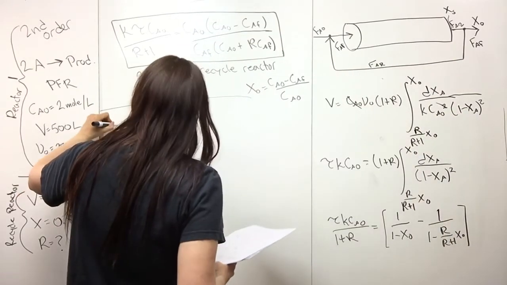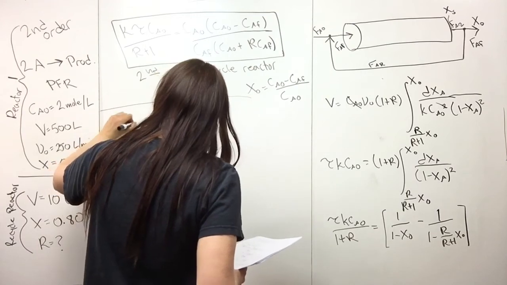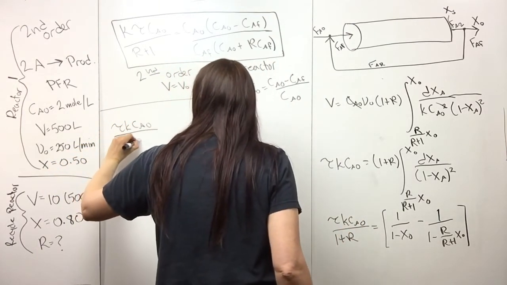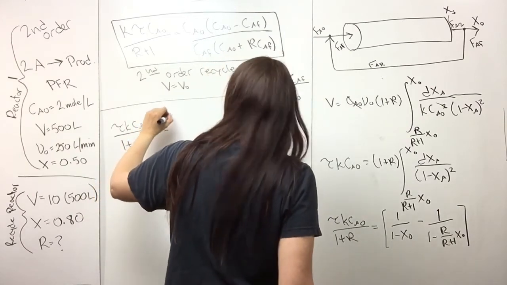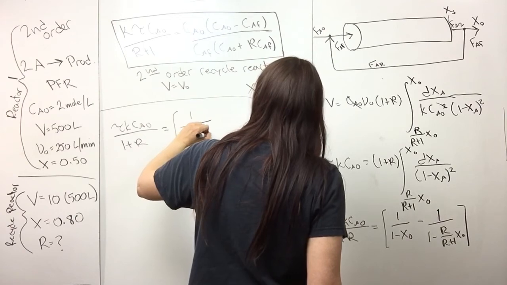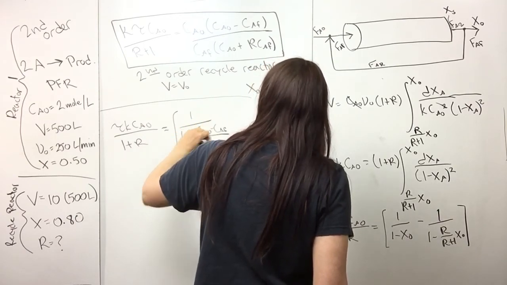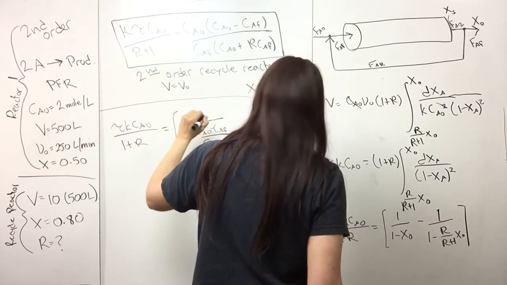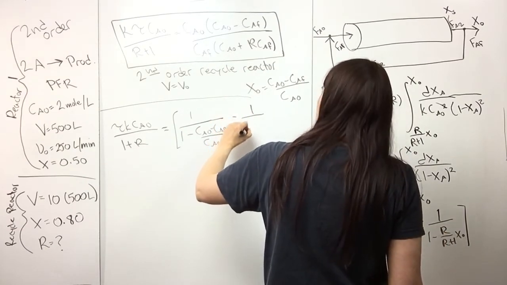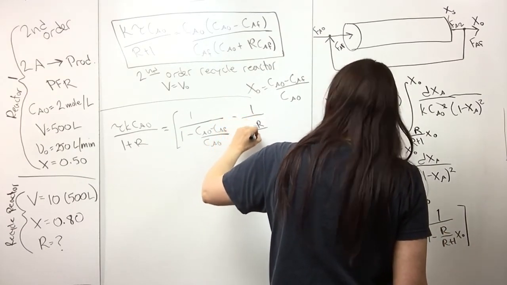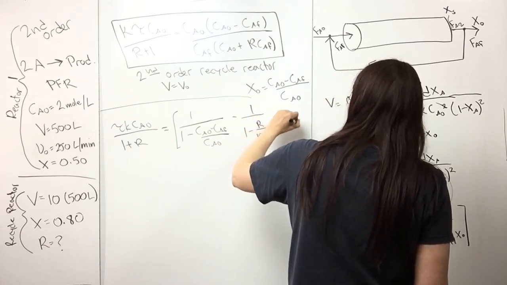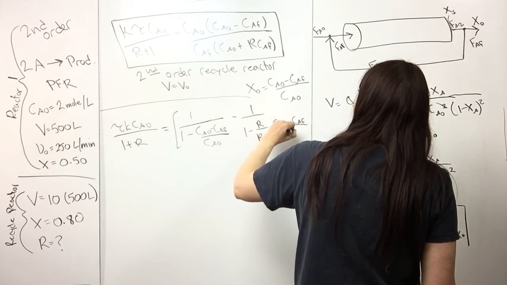So we get tau k CA naught over 1 plus R is equal to 1 over 1 minus (CA naught minus CAF) over CA naught, minus 1 over 1 minus R over (R plus 1) multiplied by (CA naught minus CAF) over CA naught.